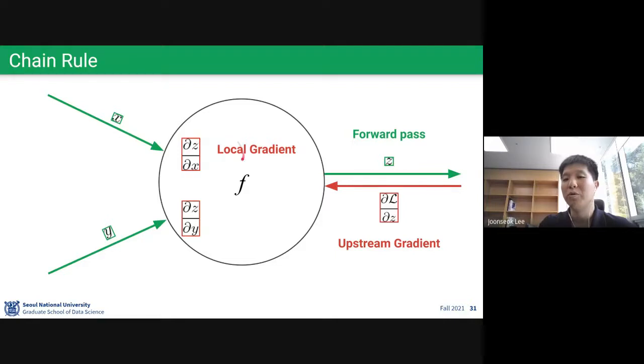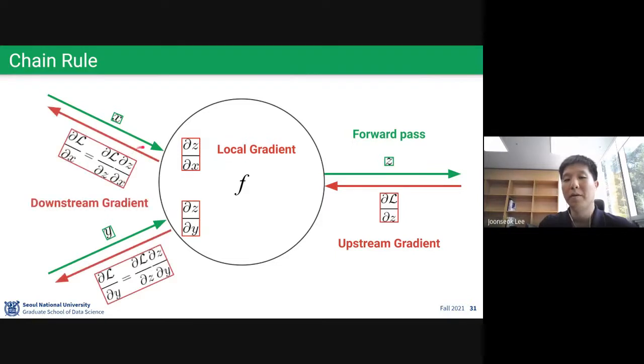You compute these local gradients, and then to each input edge, you multiply this upstream gradient times this local gradient. That is the partial derivative of the loss with regard to these input variables. So the entire objective function is connected like this graph. In each node, you take the upstream gradient and multiply it with the local gradient, and then it's output to each node. In this way, you can go to the very beginning of the network.